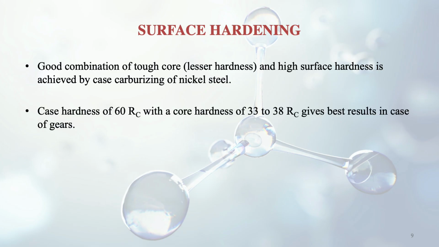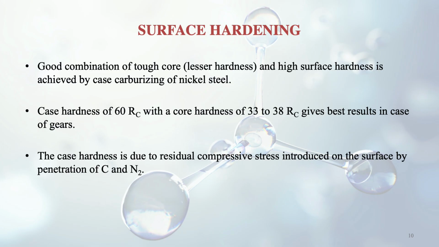A case hardness of 60 Rockwell hardness number with a core hardness of 33 to 38 RC will give us the best result in the case of gears. So when we are manufacturing gears, we keep it like this: the core will be hardened up to 33 to 38 Rockwell hardness number, and the outer surface will be hardened up to 60 RC.